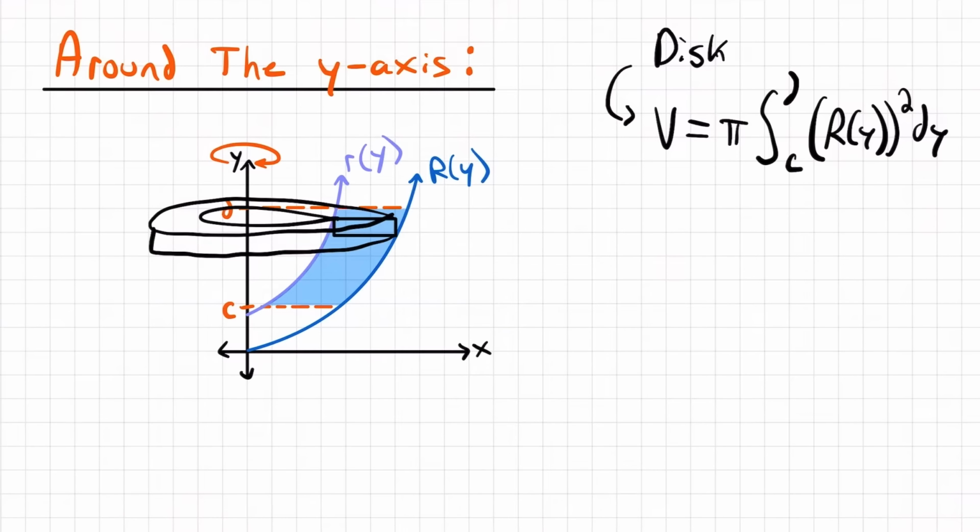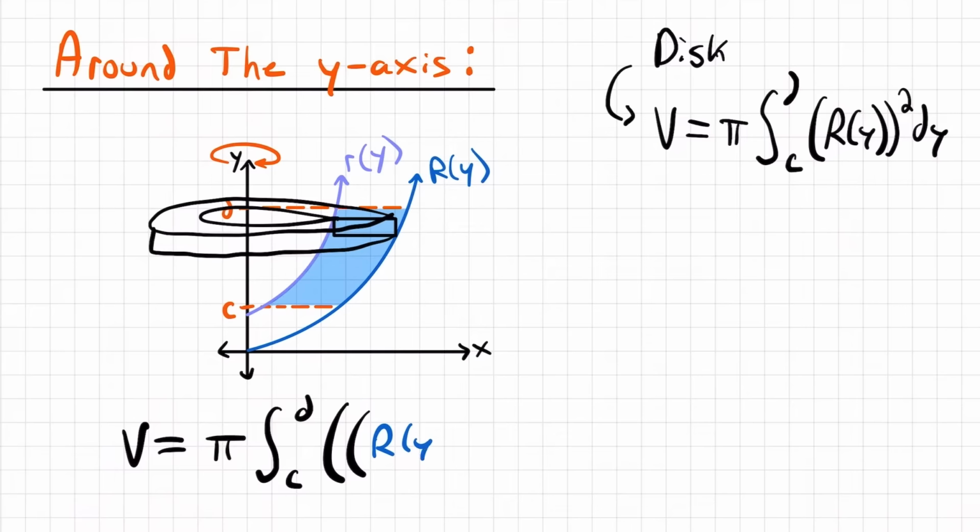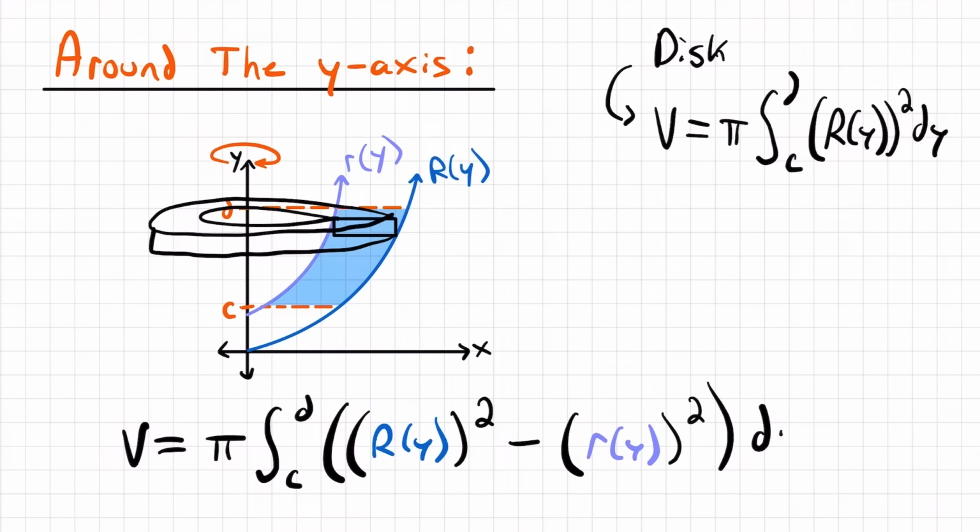Okay, and so the washer method in terms of y to calculate the solid of revolution formed by revolving this region around the y-axis will look like the following. We'll have that the volume is equal to pi times the definite integral from c to d of the outer radius, capital R of y, squared minus the inner radius, small r of y, squared, and then times dy.